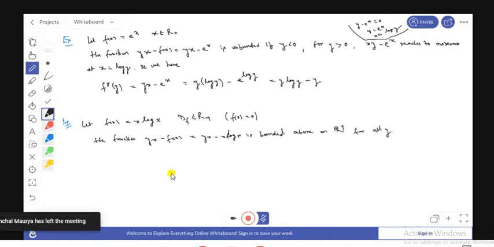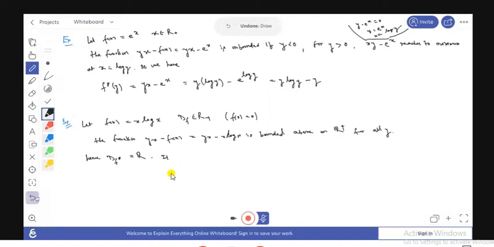Okay, so if we take this, this means you say that the domain of f star is all real R. Okay, and it attains the maximum.